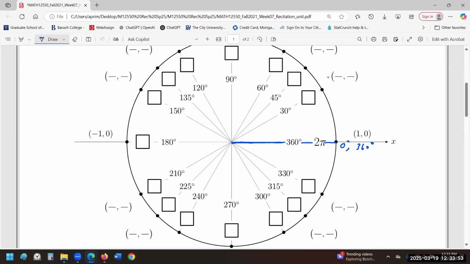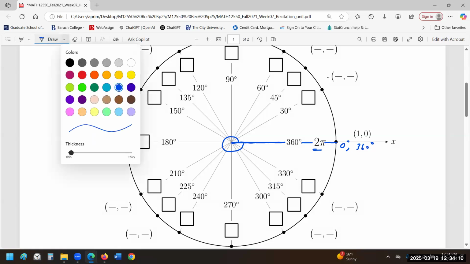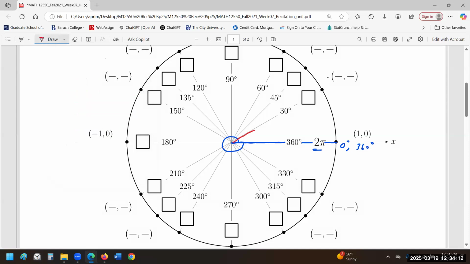It's 360 degree if you get one full circle, which is same as 2 pi radians. Now, if you move a little bit up, like here, this angle is 30 degree. Now we are going to find how do you write 30 degree as a radian.